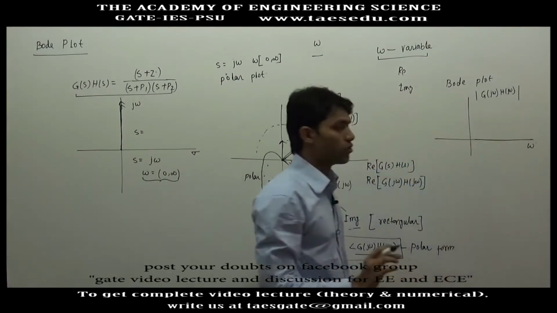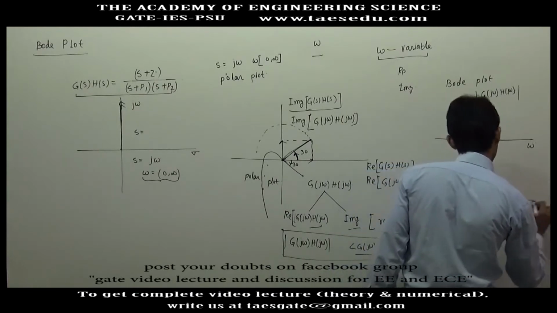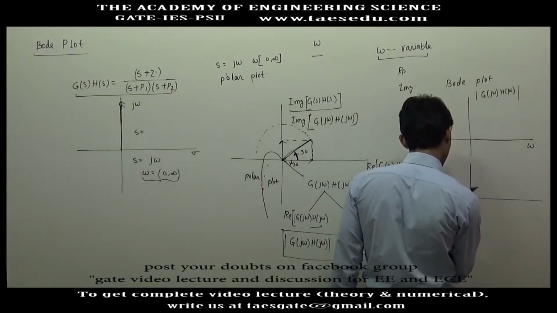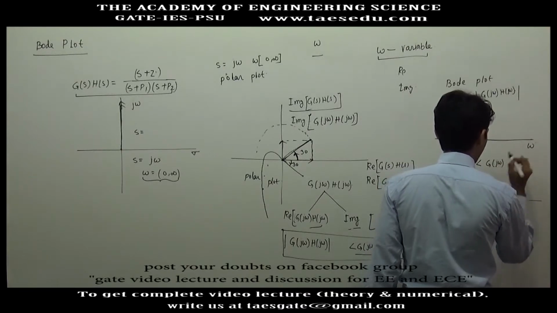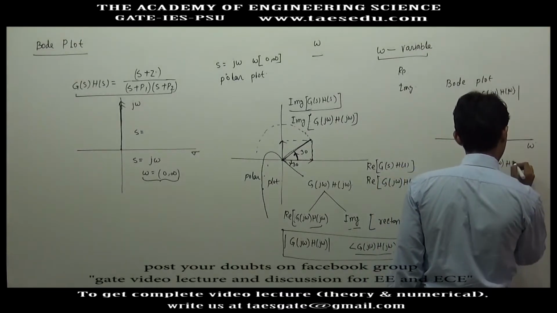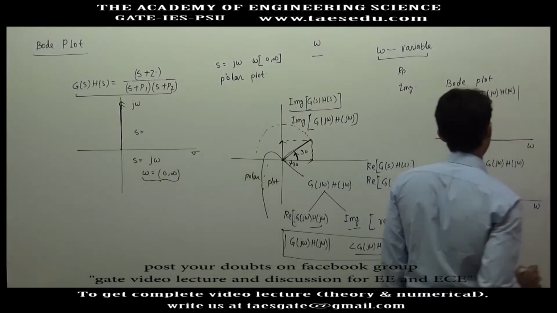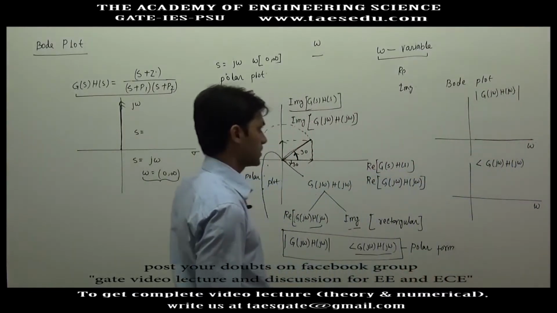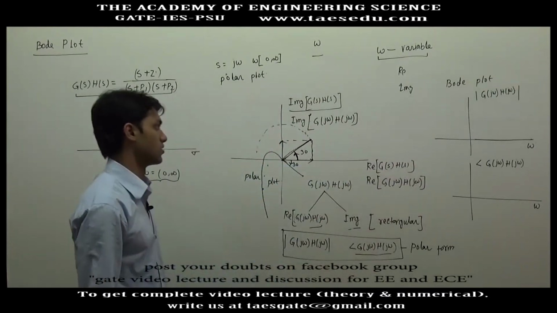This is called the Bode magnitude plot, and the other plot is the angle of G(j omega) H(j omega) versus omega. Okay, so this is the basic difference between Bode plot and Nyquist plot.